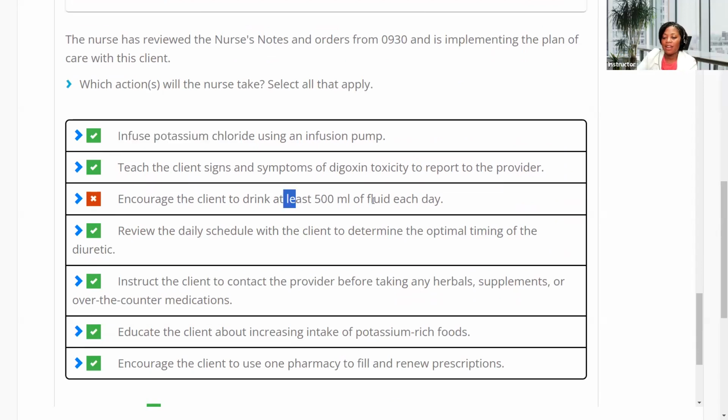And this right here, the amount of 500 milliliters of fluid is essentially too much for someone who has heart failure. And we're saying at least 500. That means the patient would drink even more than that. With a heart that is failing, we limit fluid intake because the more they introduce, the more the heart has to pump that around and circulate it. All right, but everything else was correct, and you did great with that.